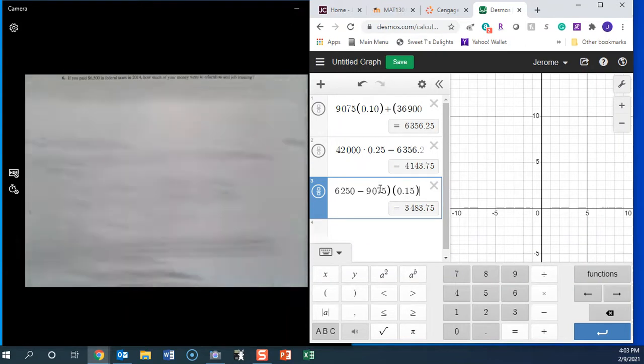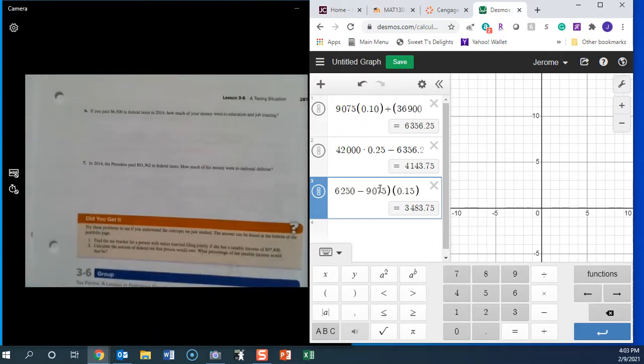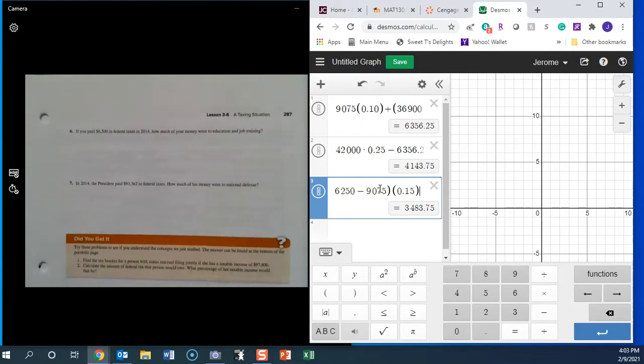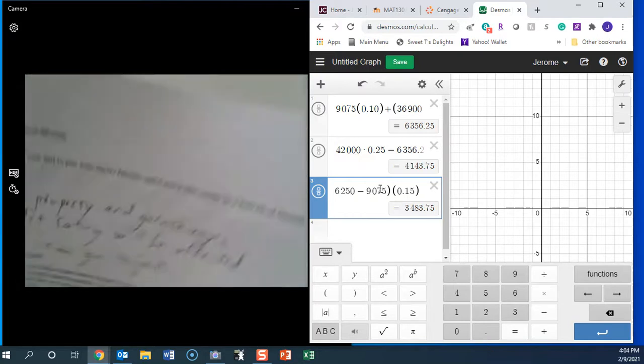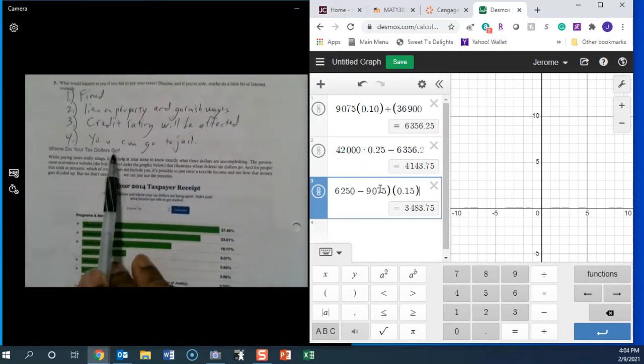Now, we move on to this last page here. And on this last page, we only have two problems we need to answer. It says here, if you paid $6,500 in federal taxes in 2014, how much of your money went to education and job training? Now this goes back to this other page. It says, where do your tax dollars go?